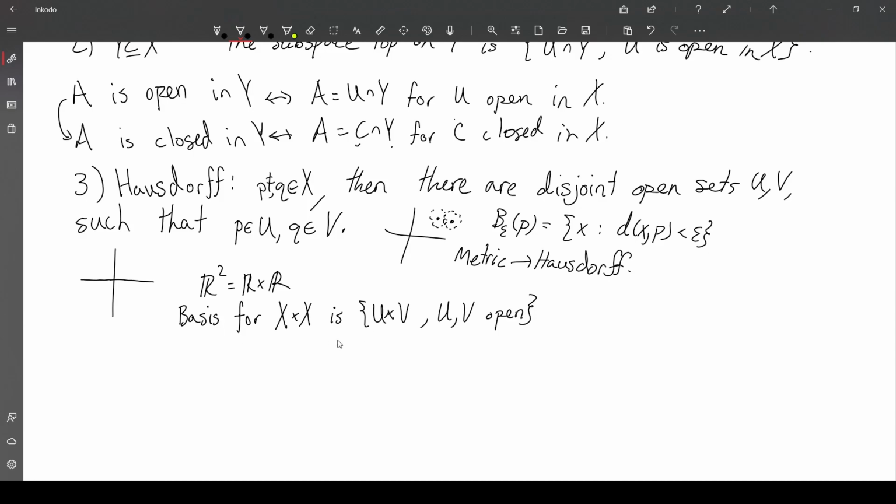And you can actually further reduce this, I believe, to even just U and V being basis elements. So for instance, with R, your basis elements are open intervals. So the product of two open intervals is going to be sort of like an open rectangle, which kind of motivates the term box topology.